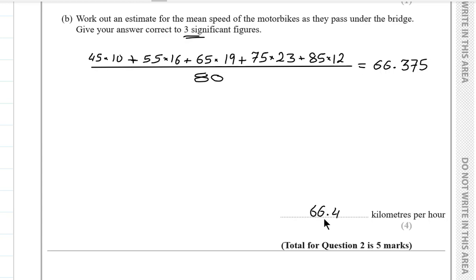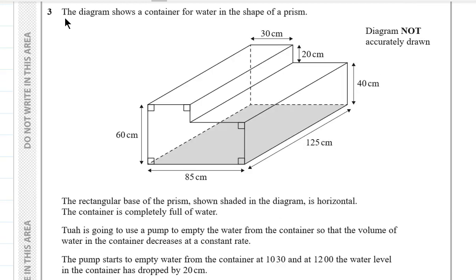3. The diagram shows a container for water in the shape of a prism. My advice to you when you talk about a prism, try to look at the parallel bases. If we look at the parallel bases, we can find that each base consists of maybe two rectangles. Okay, let's complete.